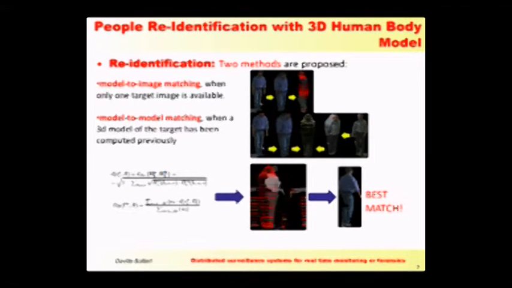We do that by computing the Hellinger distance between a pair of localized HSV histograms of corresponding model vertices, or in the case of model-to-image matching, we compute a localized HSV histogram on the current image of a person extracted by the surveillance system, and then we average all the distances between all the vertices, and we obtain the final value as a matching value.